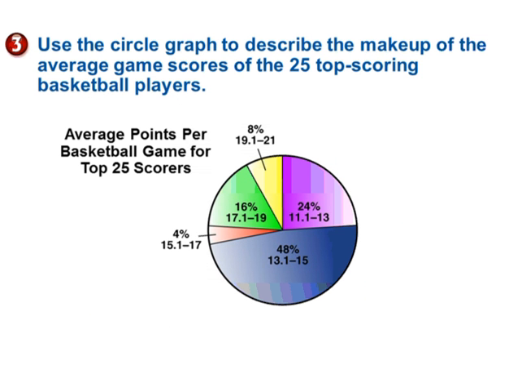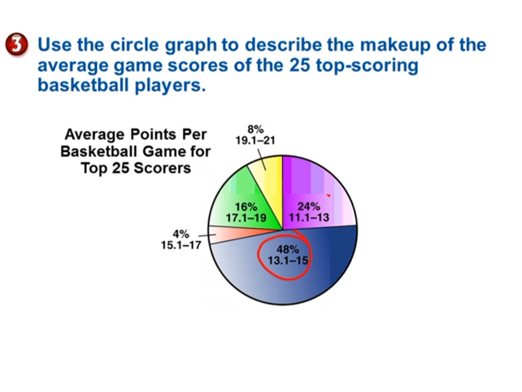Using the circle graph to describe the makeup of the average game scores of 25 top scoring basketball players, average points per game for the 25 scorers. Well, as I look at this, there's 48% of the people score between 13.1 and 15.